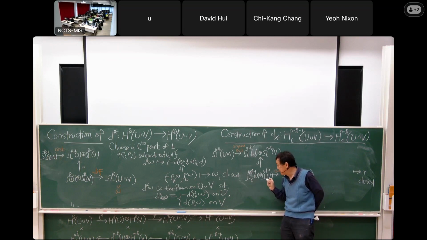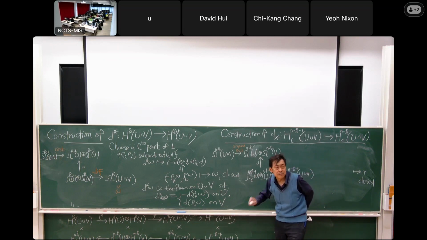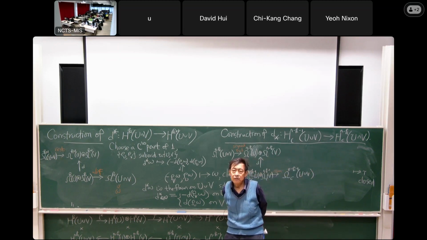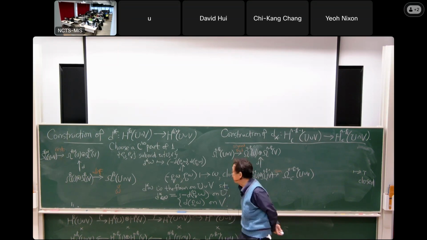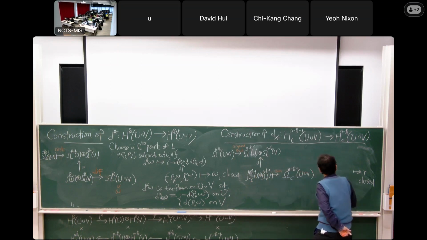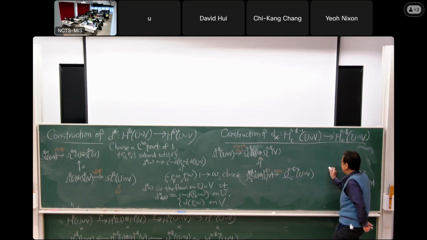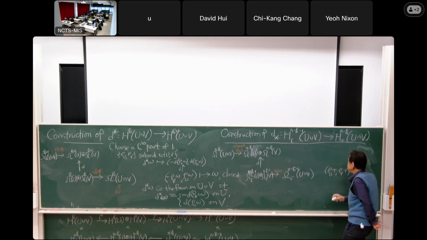So do you remember the formulas for the two forms? The form on U. Okay, so if you look back, it's going to be rho U of tau and rho V of tau.